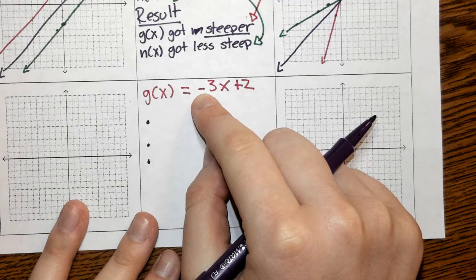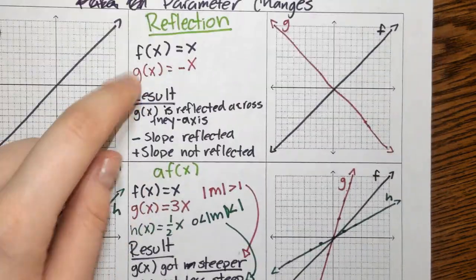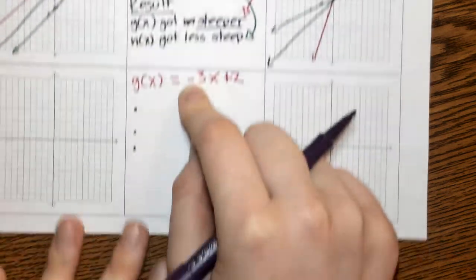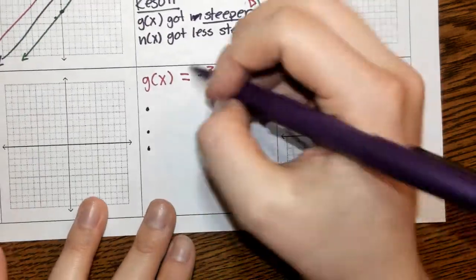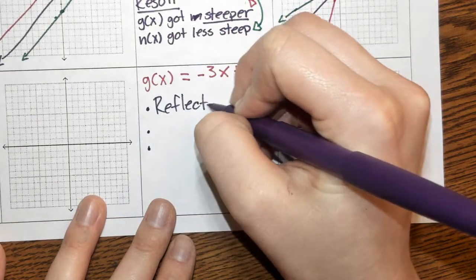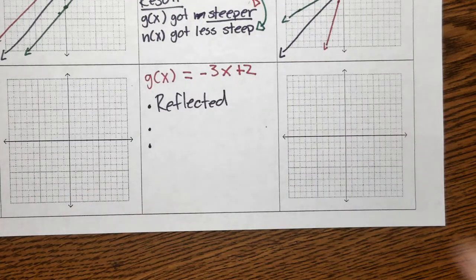Yes. So what does that mean? It's going to be steep. No, that negative slope, that's up here. It's going to be reflected across the axis. All I'm going to write is reflected. It's being reflected because it has a negative slope.